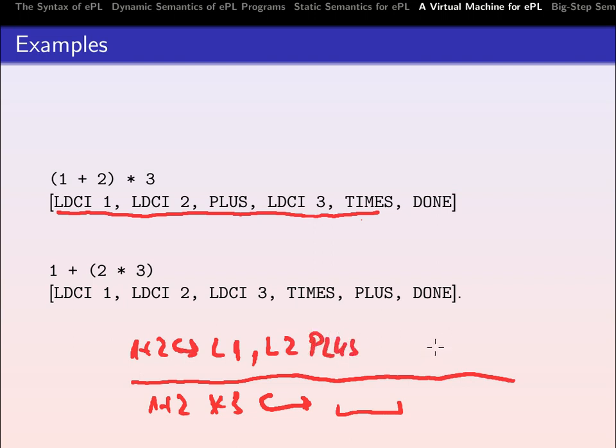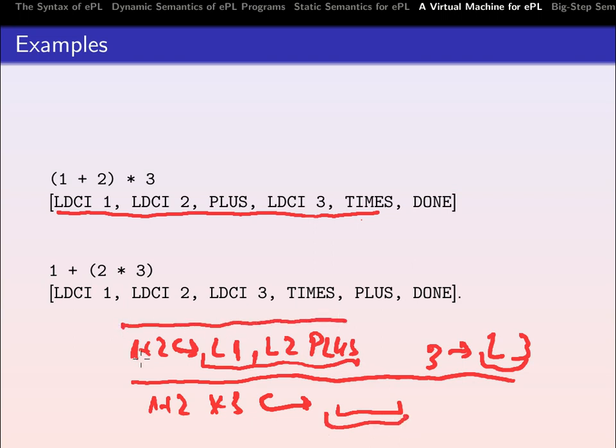And then a 3 compiles to LDCI 3, right? And then from this and this, I'm going to obtain exactly this. How do I obtain this one? Well, 1 compiles to LDCI 1, 2 compiles to LDCI 2, right?